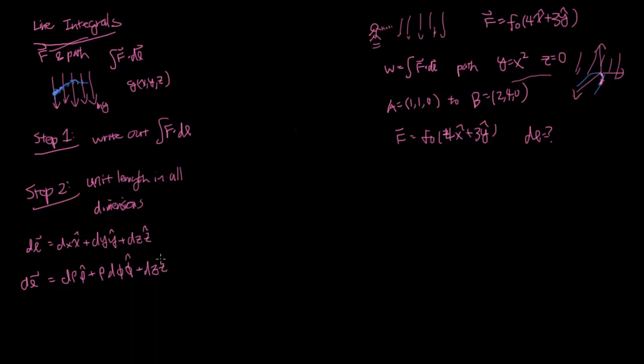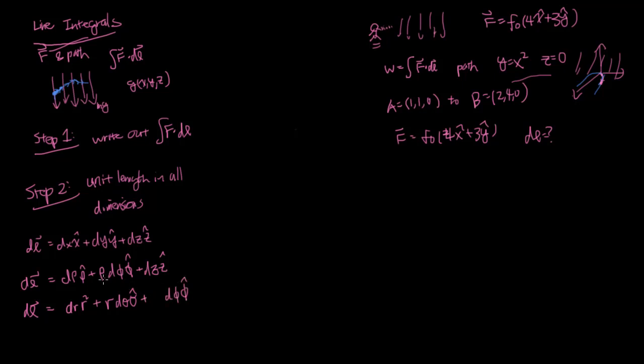And dz z hat. Hopefully once you write it a few times, you will never write d phi without thinking of putting in rho or r sine theta. Speaking of which, spherical coordinates: dr r hat plus d theta theta hat. Remember, when you're doing angle theta, you have to multiply by the radius, which is r, and then d phi phi hat.